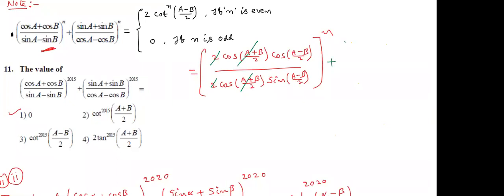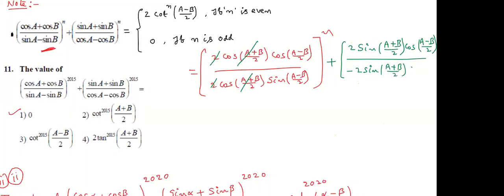Plus, the second one. See, in the numerator, the sin C plus sin D form. What is the formula? 2 sin (C plus D) by 2, that means (A plus B) by 2, cos (A minus B) by 2. And in the denominator, students, cos C minus cos D, that is minus 2 sin (A plus B) by 2 sin (A minus B) by 2.